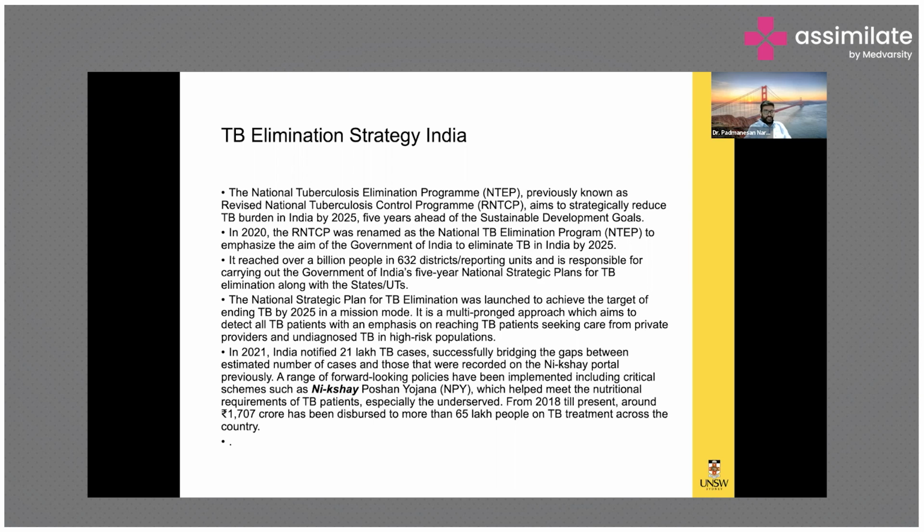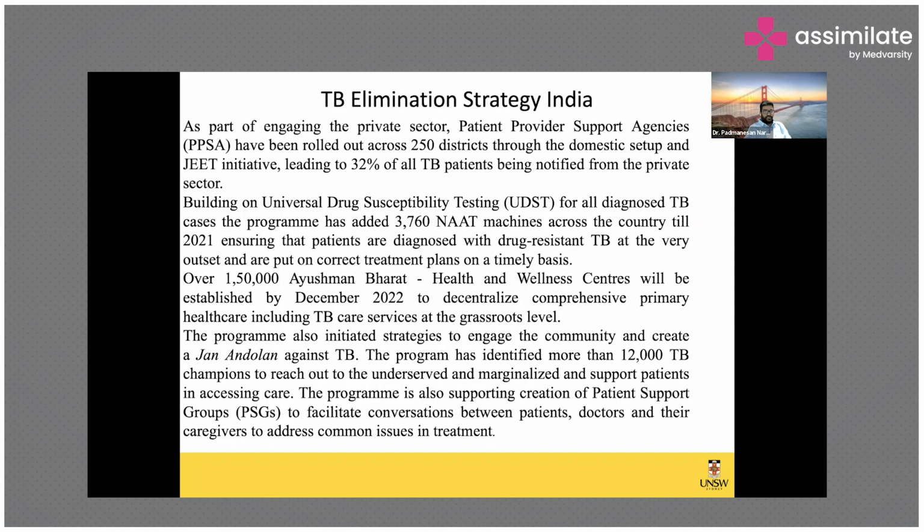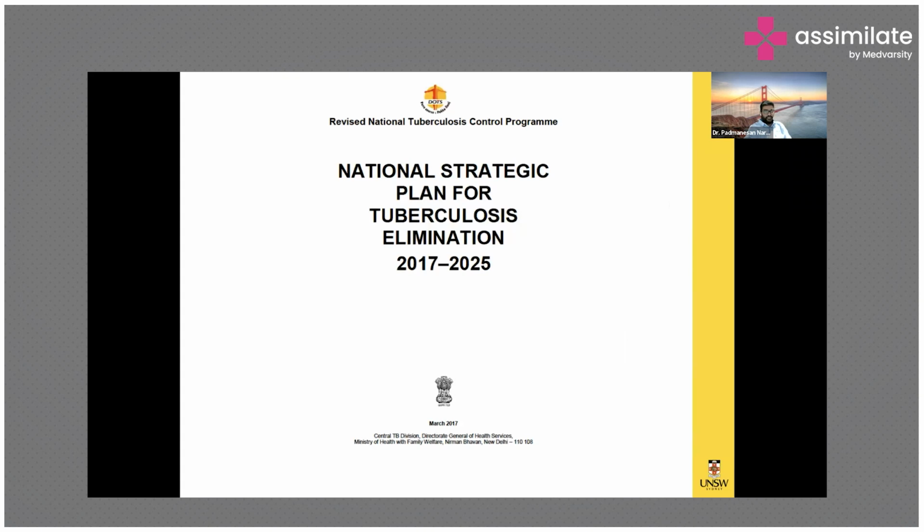Okay, and one of the things which we have to understand is that we now have a very strong framework through this National Strategic Plan for TB Elimination. It's a 40-50 page document. If you are interested in understanding more about the government's vision in eliminating TB, I urge everyone to go and read this in detail.